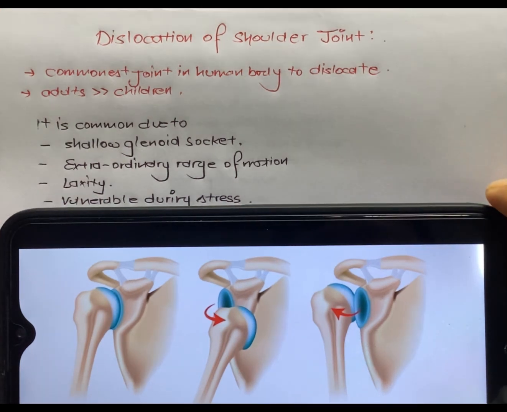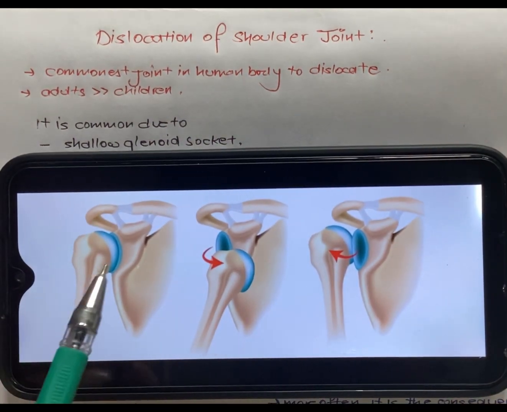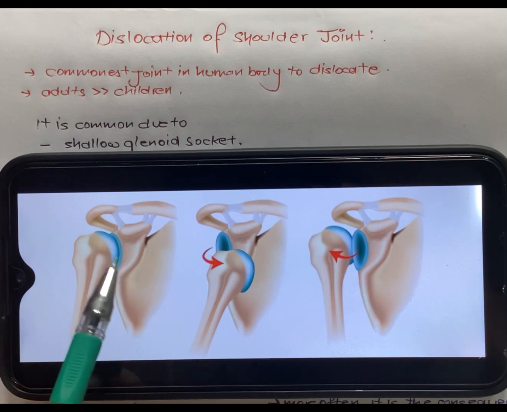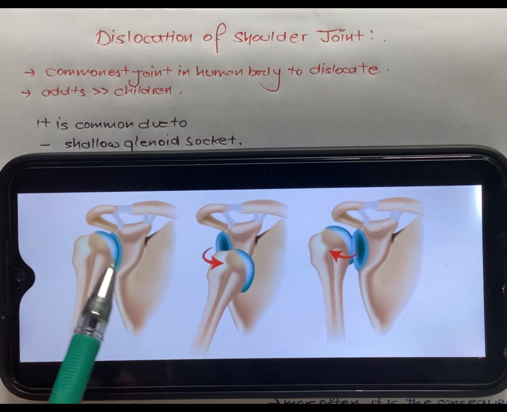Now let's talk about the types of shoulder joint dislocations. As we can see, this is the head of the humerus which fits in the glenoid cavity of the scapula, and it is normally fitted in the glenoid cavity.